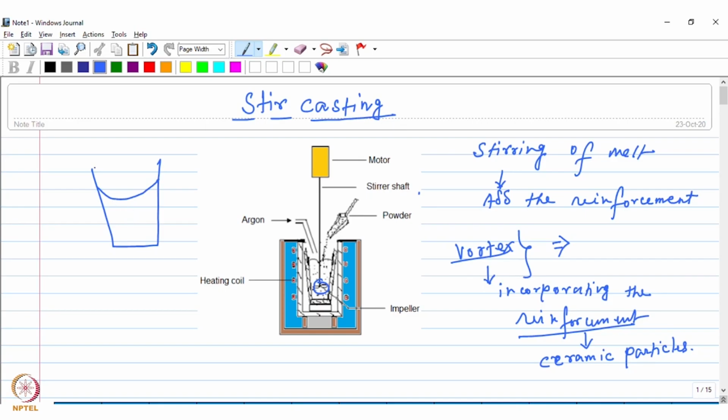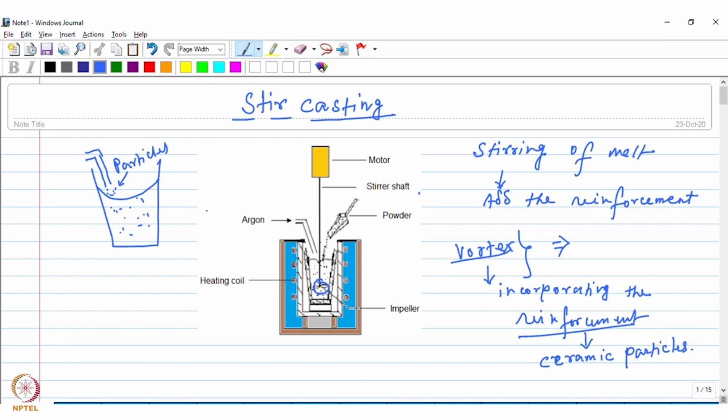So now if you slowly add the particles along this periphery of the vortex, then these particles will be sucked into the liquid metal because of that suction of the vortex. And then these particles will be dispersed into the liquid metal, and once they are dispersed uniformly, the metal is poured, and once it is solidified, then you will get a composite material.